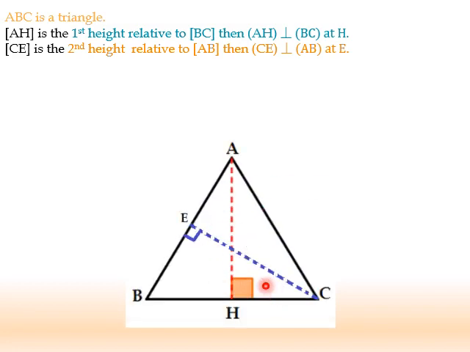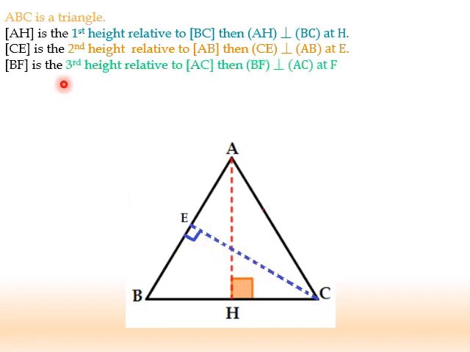I have to draw here a segment issued from C perpendicular to AB, sorry. CE is the height relative to AB and E is the foot of the perpendicular. We can also say that CE is an altitude or orthogonal projection.